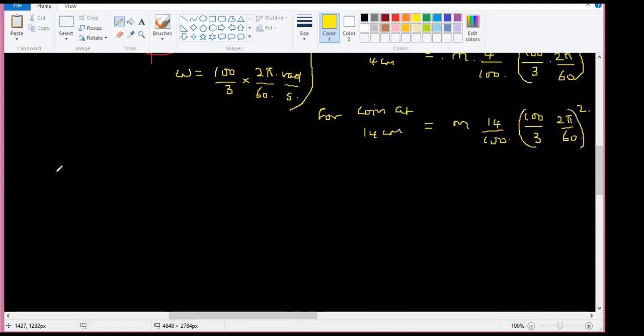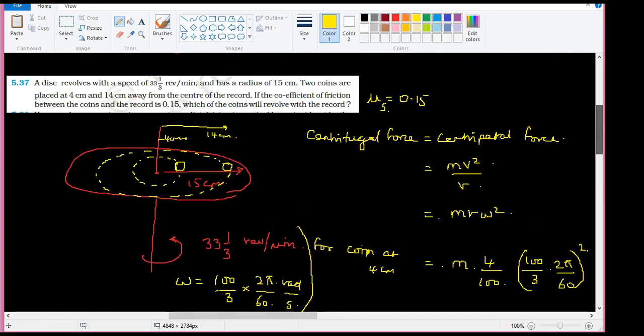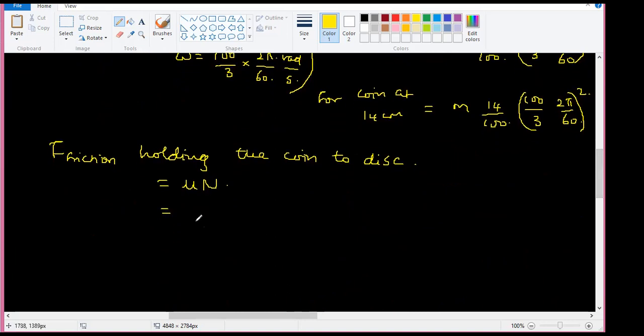So the frictional force is mu m g, where mu is 0.15, mass is not given, and g is approximately 10.